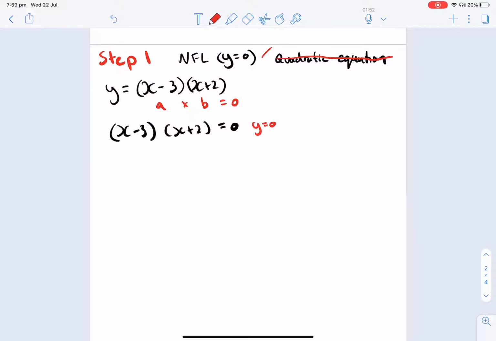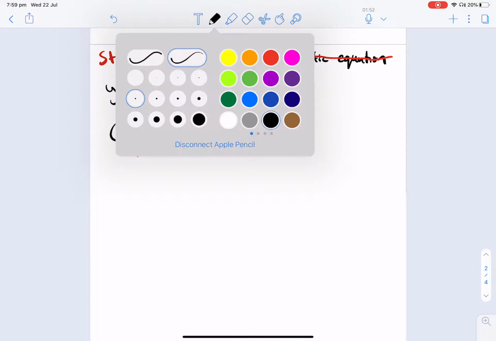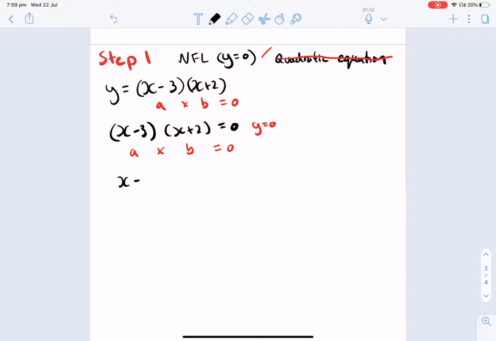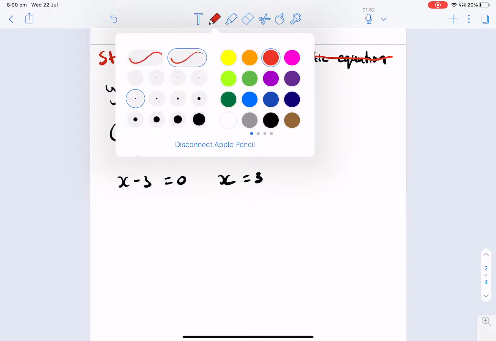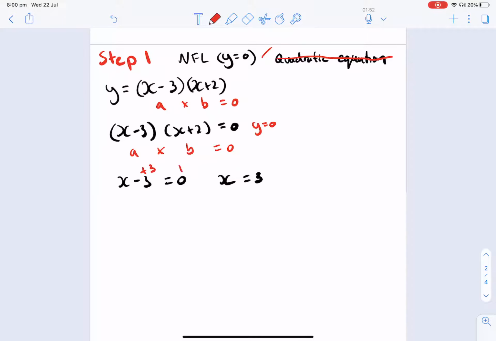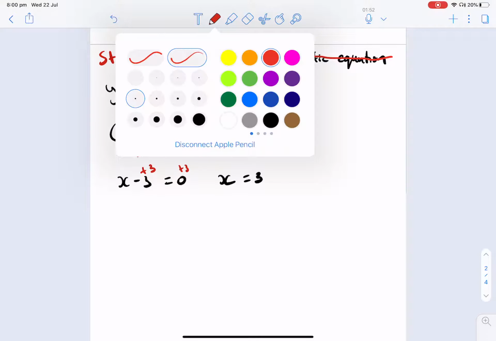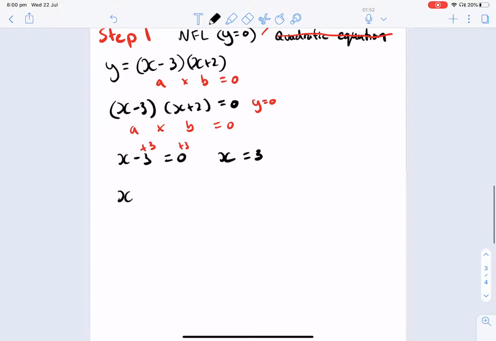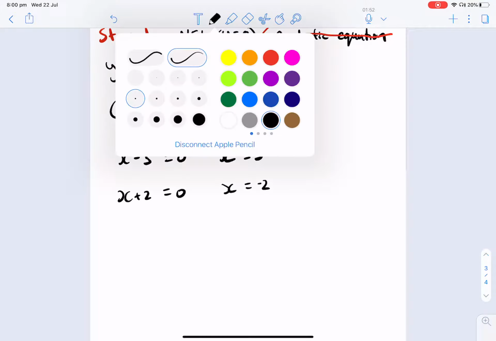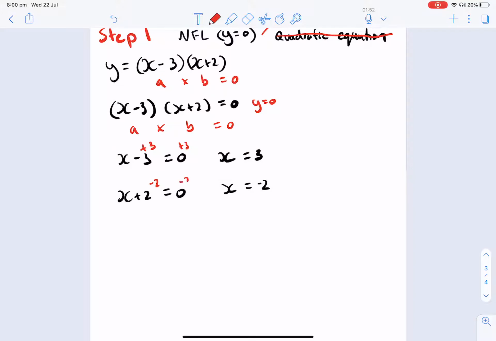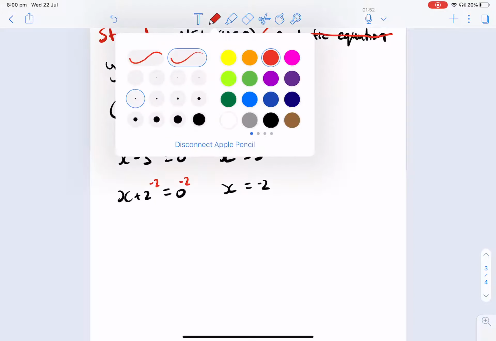And then these are our 2 factors here, a and b equals 0 in terms of the null factor law. So that means when x minus 3 equals 0, then x is going to equal 3. So I've just added 3 to both sides here to get my x equals 3. And when x plus 2 equals 0, then x equals negative 2. Once again, I've just taken away 2 from both sides.